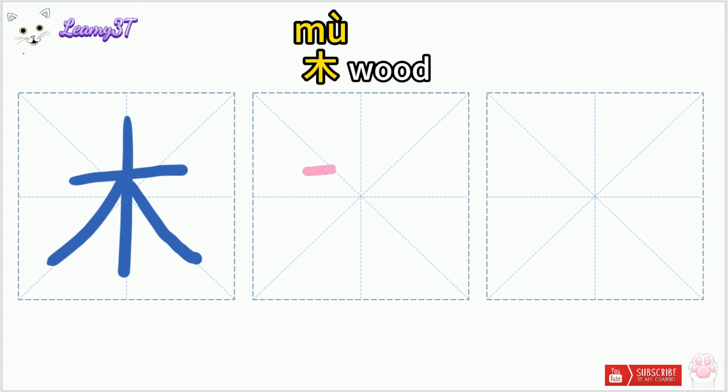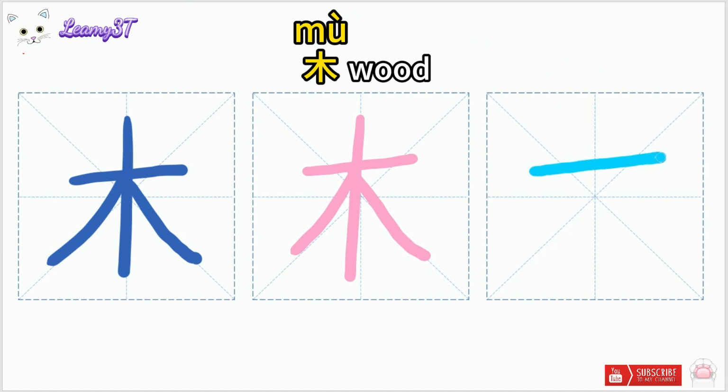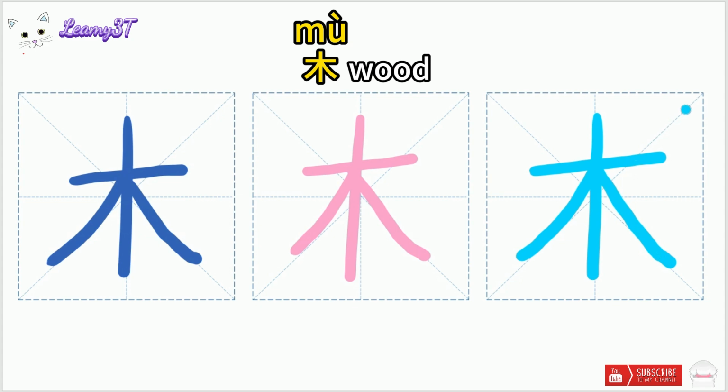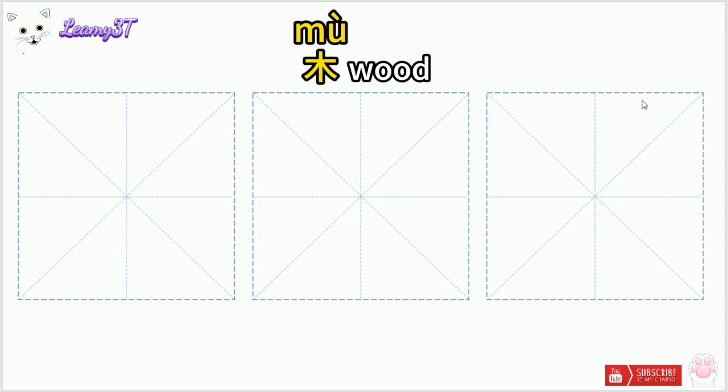Follow me. 横竖撇捺. Okay, very good. Let's write it together again. Say the stroke's name. 横竖撇捺. Use these grey lines to help you find the balance.